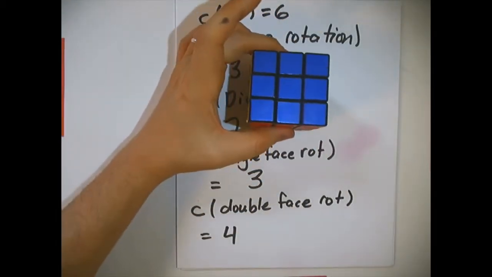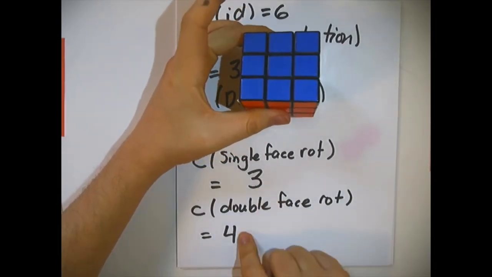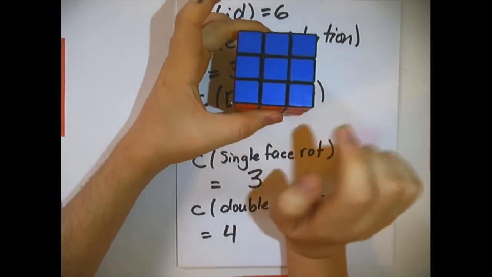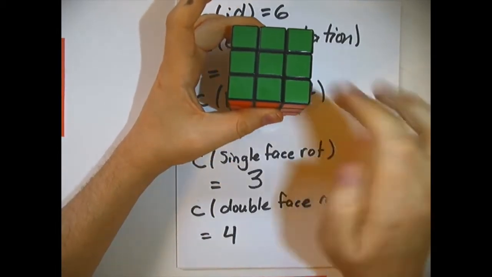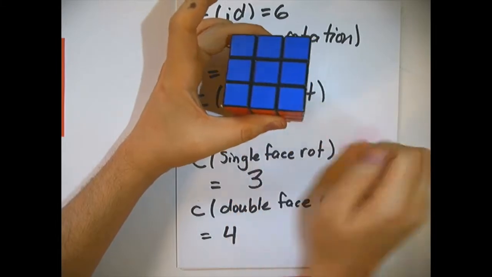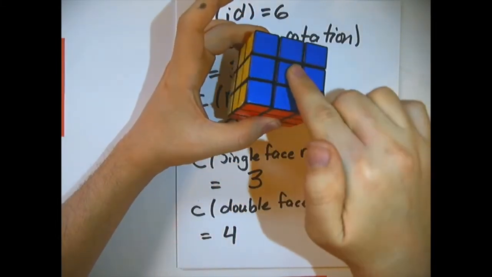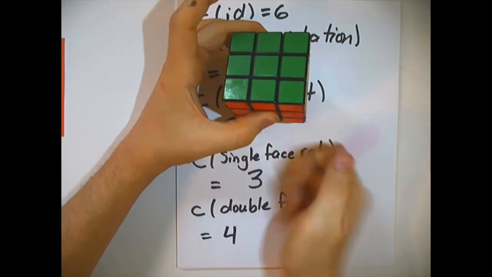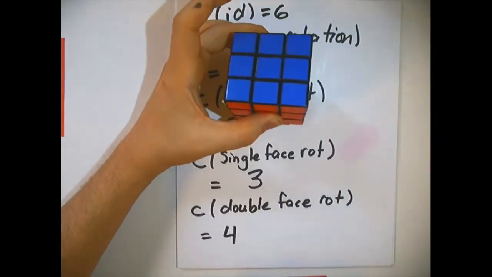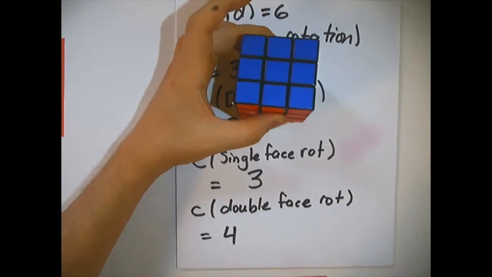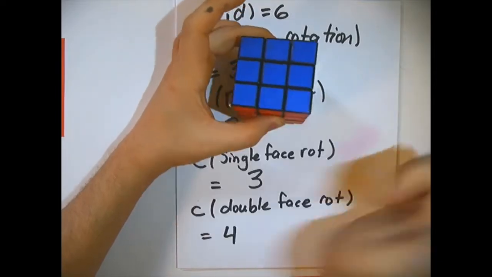Okay, now what happens with the double face rotation? Here's what we have to figure out. Why is this different? And here's why. If I apply the double face rotation, I end up here, and then I apply it again, I get back here. What's happening is that the double face rotation is exchanging the blue and green face, and it's exchanging the white and yellow face, but it's not mixing up the blue face with the white face or the blue face with the yellow face.